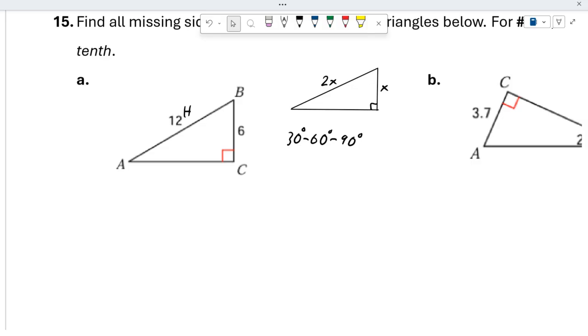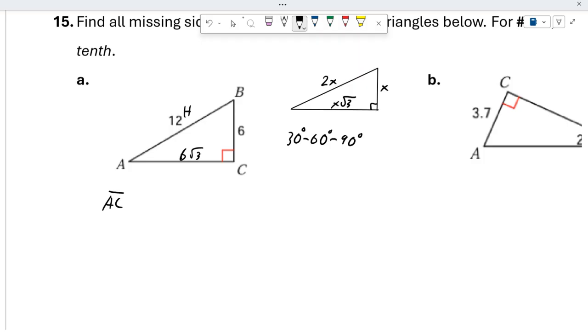In a 30, 60, 90 triangle, if your short leg is x, then your long leg is x root 3. Going back to my original picture, my short leg is 6, in the place of x. So AC, the long leg, is going to be 6 root 3.